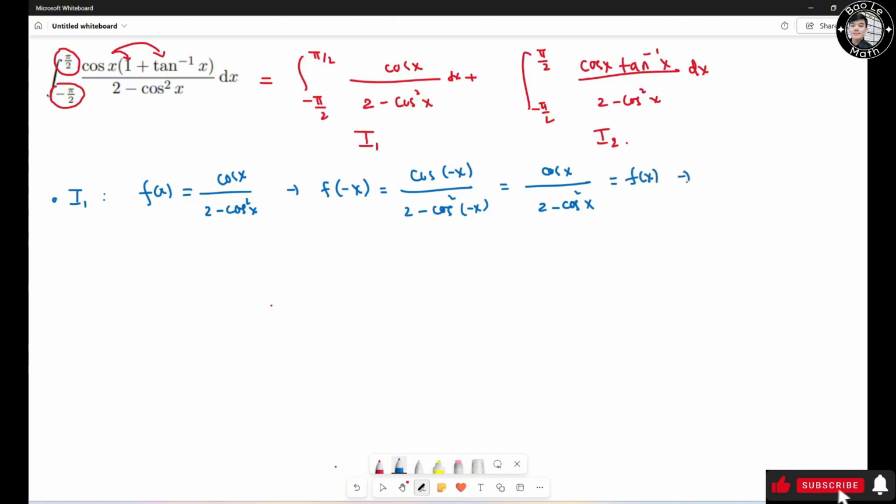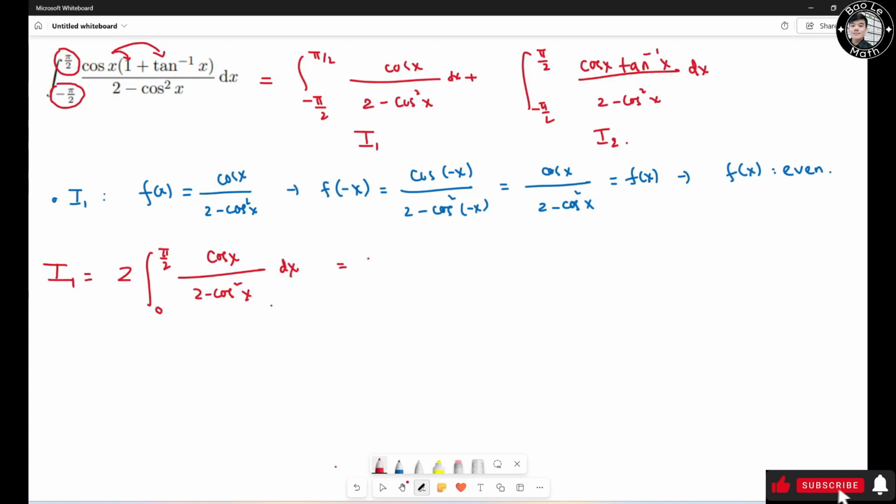So the function f of s is even. If f of s is even, then I1 equals 2 times the integral from 0 to pi over 2 of cosine s over (2 minus cosine square of s) ds.